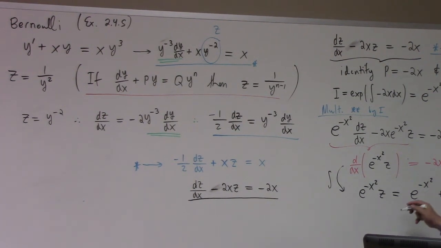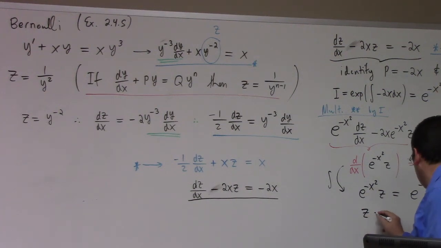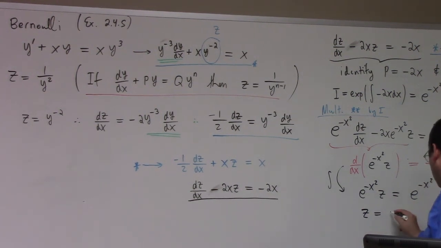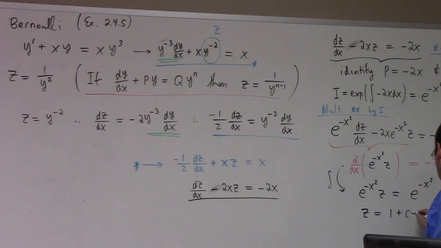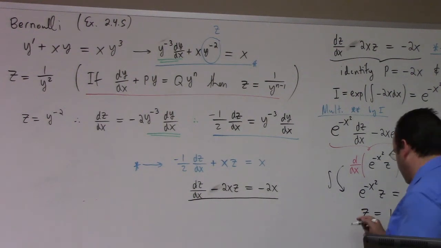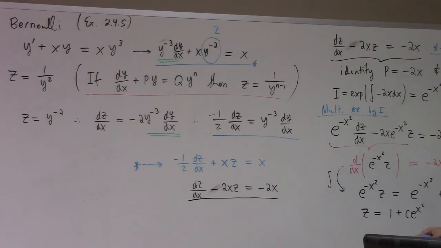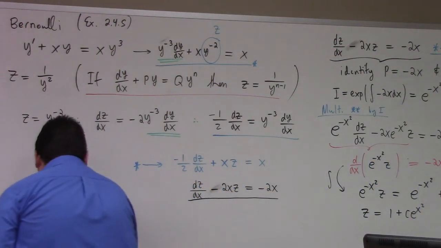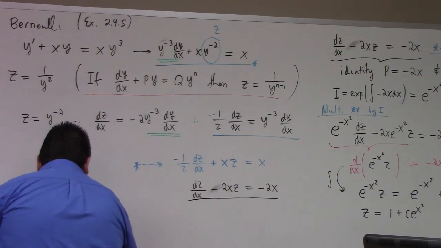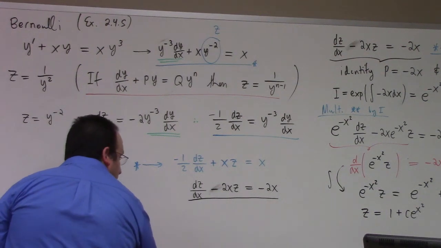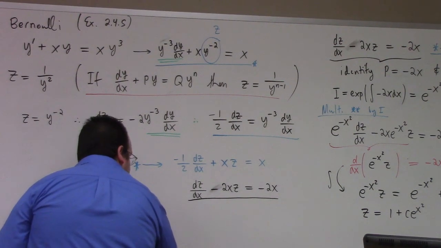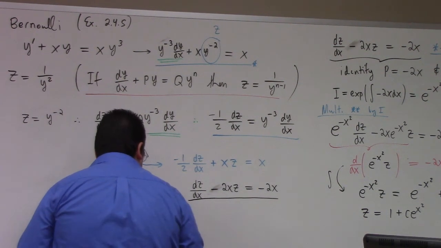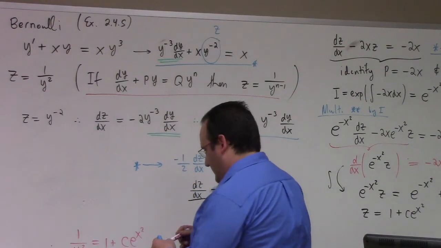At this point, we're done. Well, almost done. This gives me z equals 1 plus c e to the x squared, right? What was z? It's been so long ago, I forgot. Okay, so therefore we got 1 over y squared equals 1 plus c e to the x squared. And so it's not too much trouble.